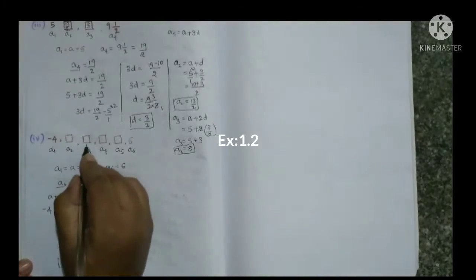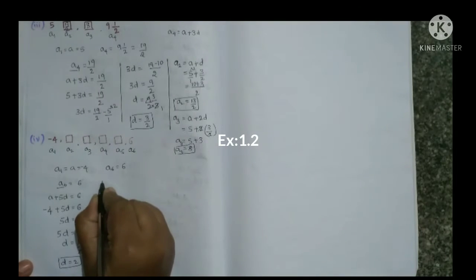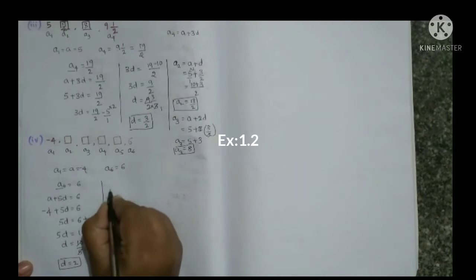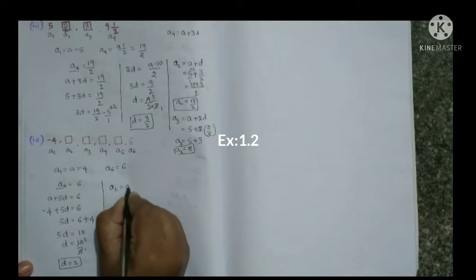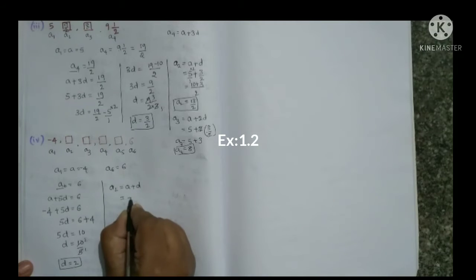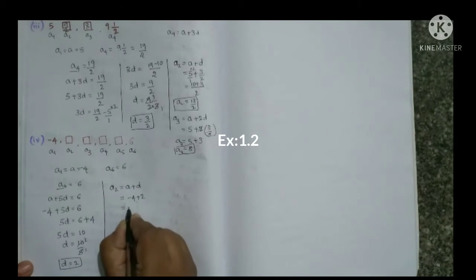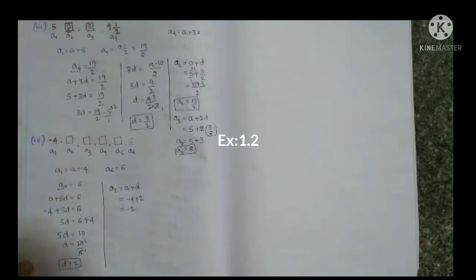A2, A3, A4, A5 we have to find here. So we'll find A2 first. A2 equal to A plus D. What A value do we have here? Minus 4. D value is plus 2. Minus 4 plus 2, we have to subtract it. The bigger number contains the negative sign, so the answer is minus 2.